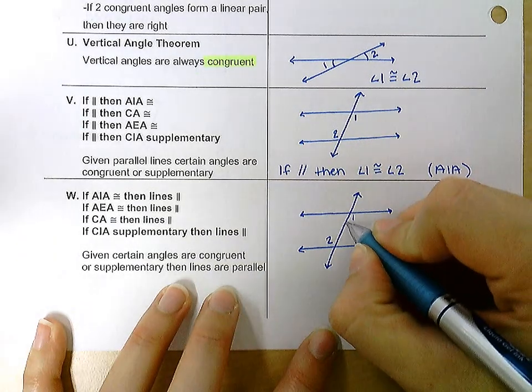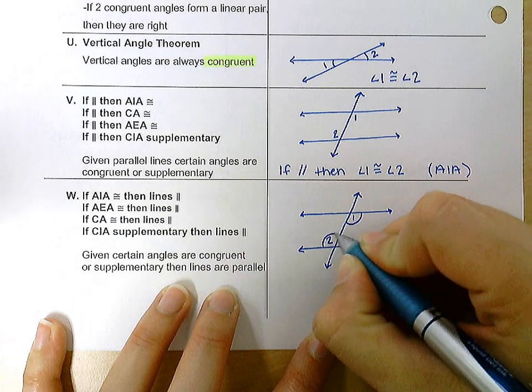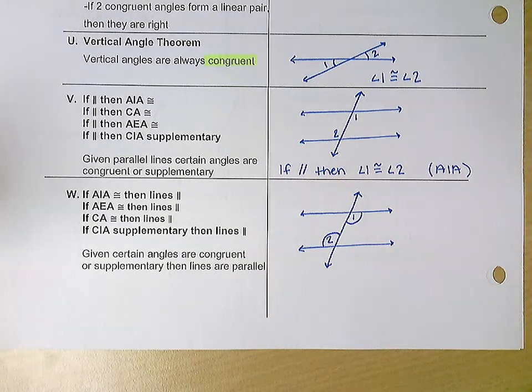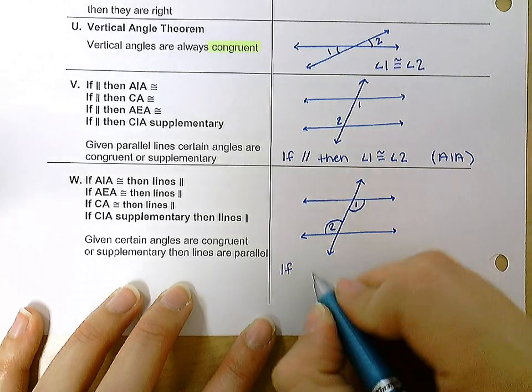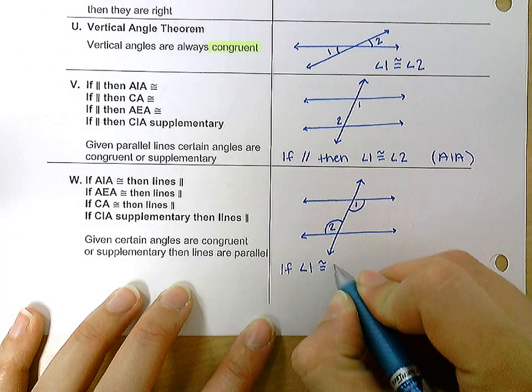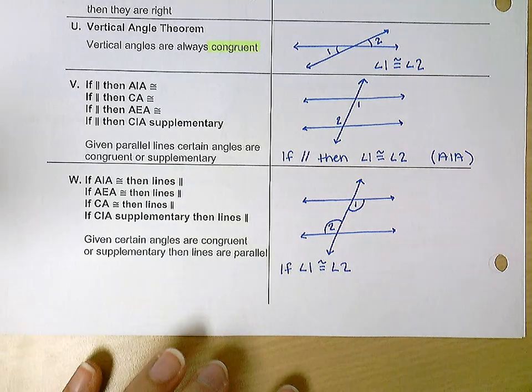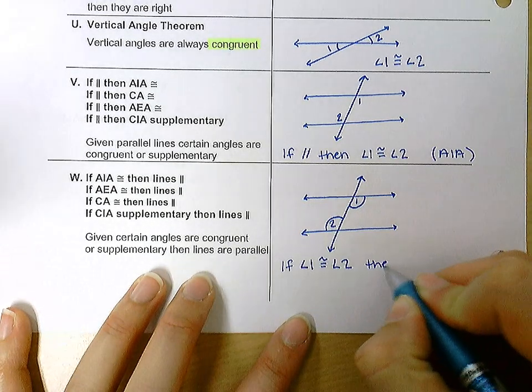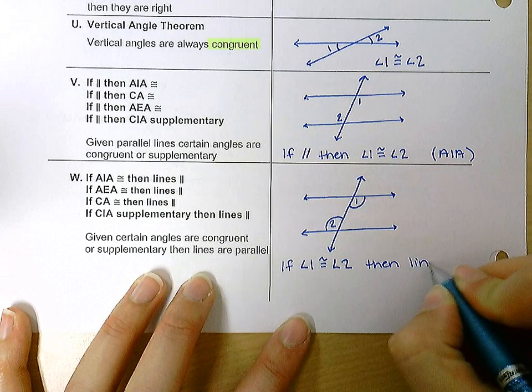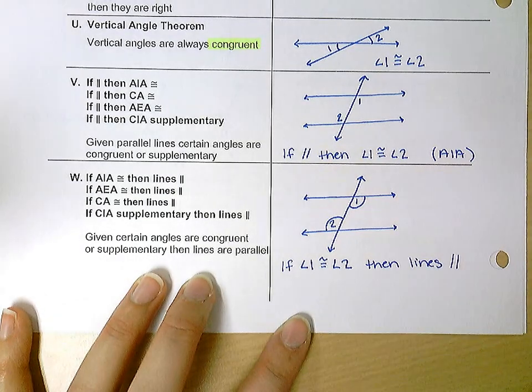Now, if I know, or they give me, that those two angles are already congruent, they're labeled as congruent, then if angle 1 is congruent to angle 2, your lines are parallel.